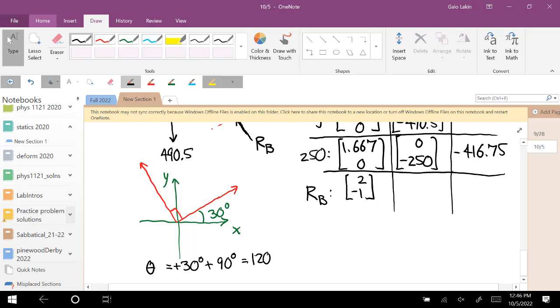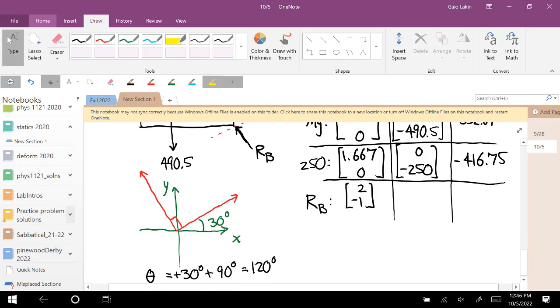So 120. And the force vector is RB times cosine and sine of that angle of 120. So this is negative 0.5 RB, positive 0.866 RB. And if you take that cross product, you get positive 1.232 RB.